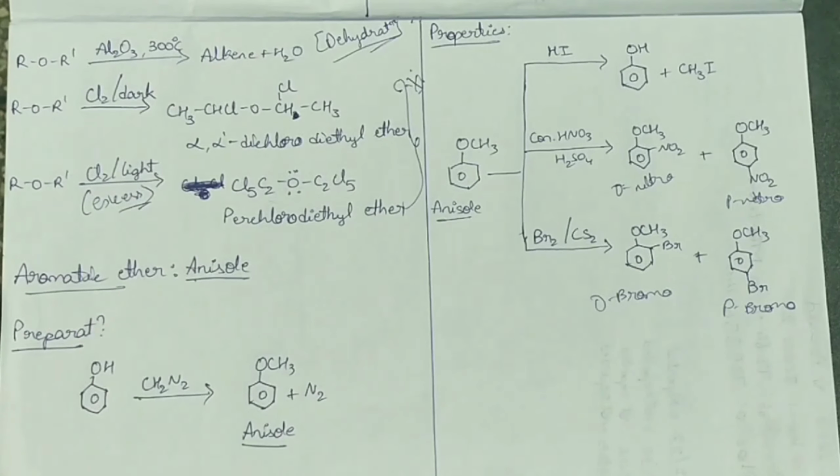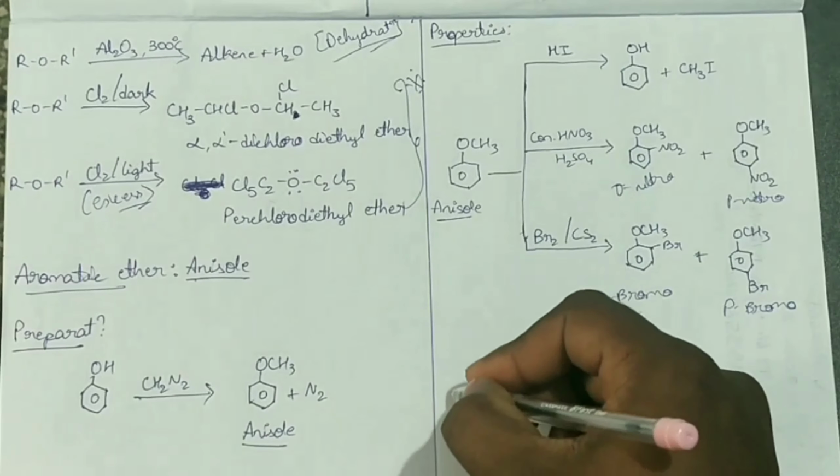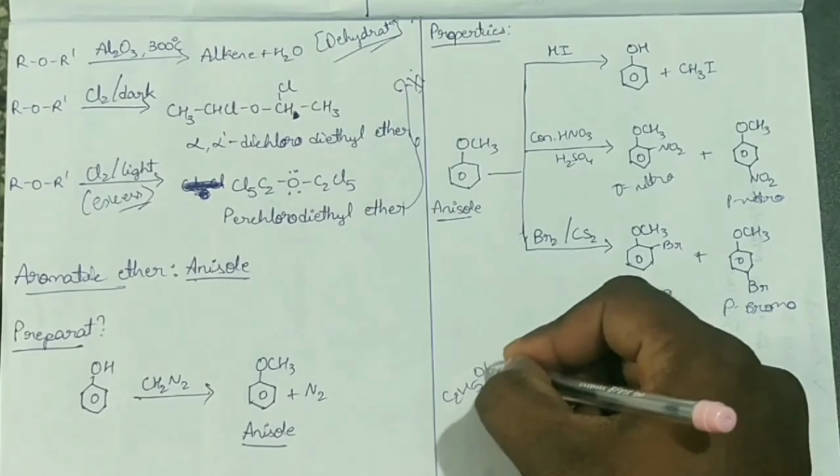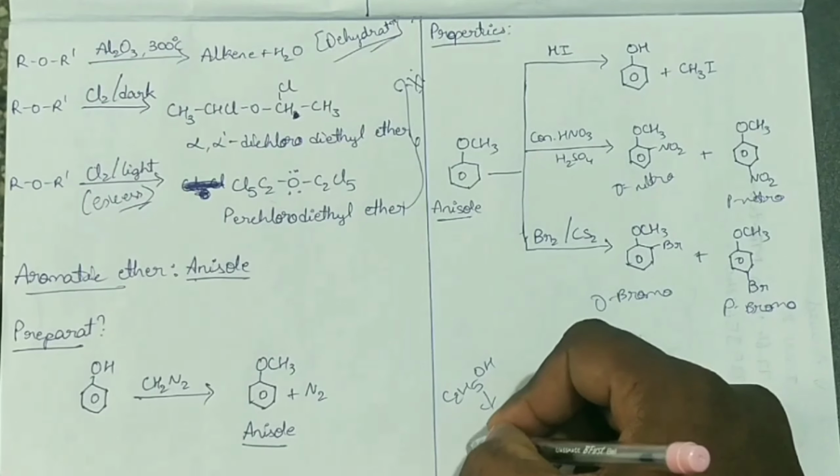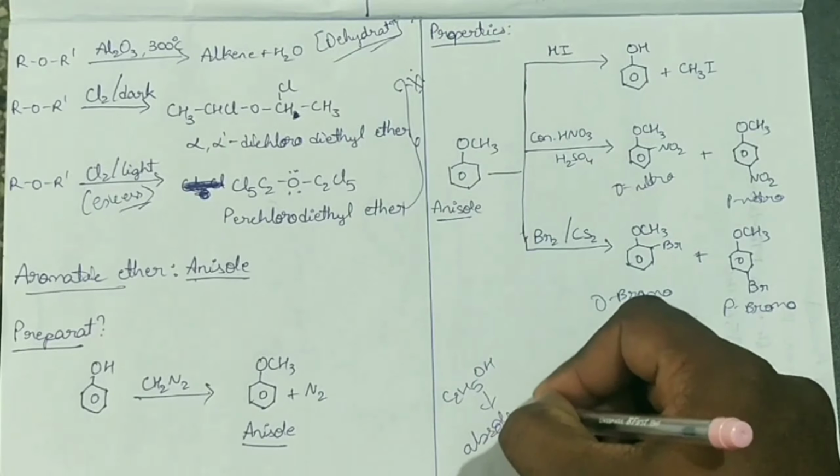Apart from this, some important points to be remembered in the alcohol part: C2H5OH is also called grain alcohol, which is also used in beverages, and 100% ethyl alcohol is called absolute alcohol.